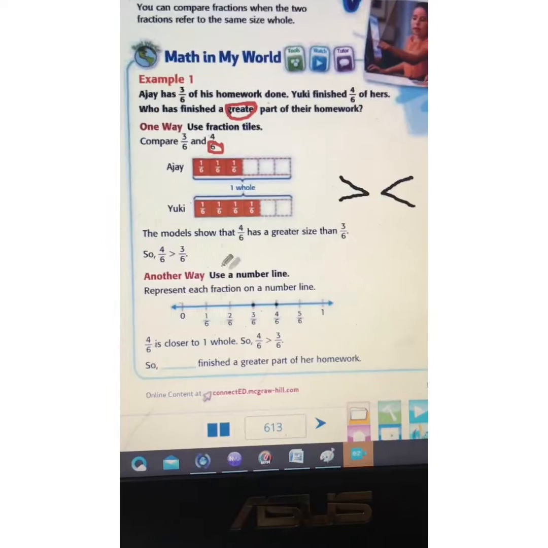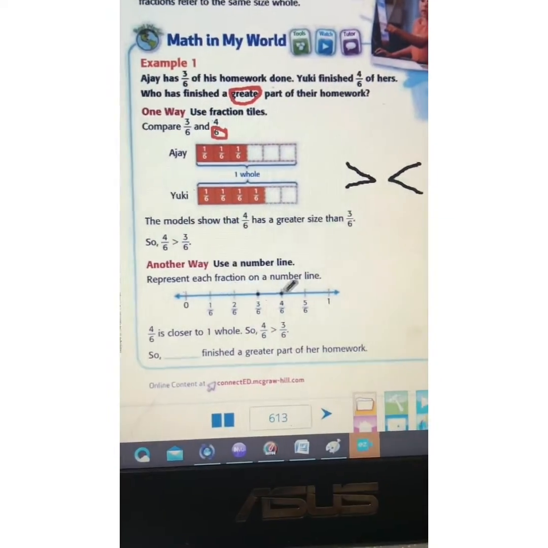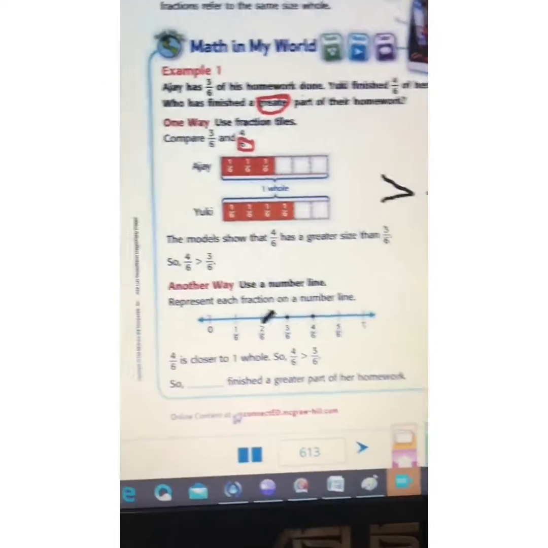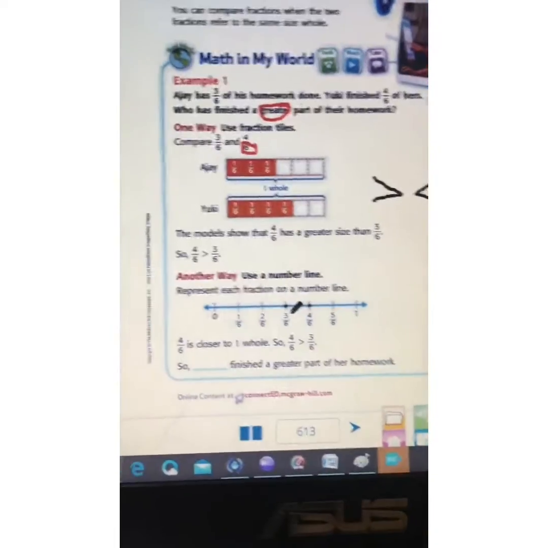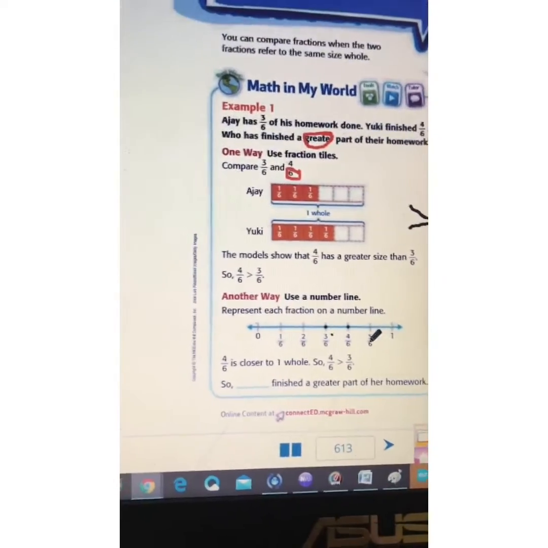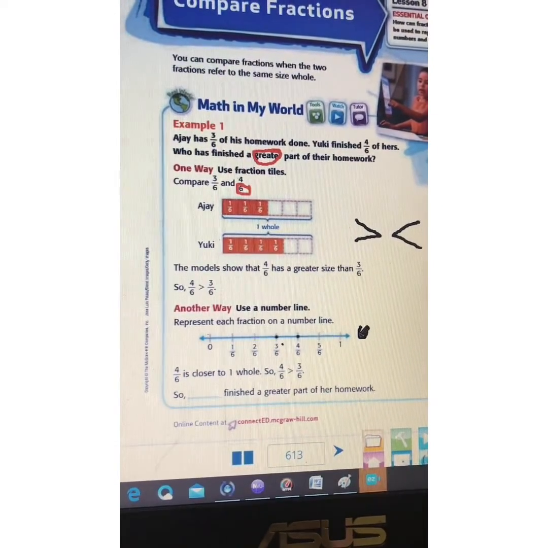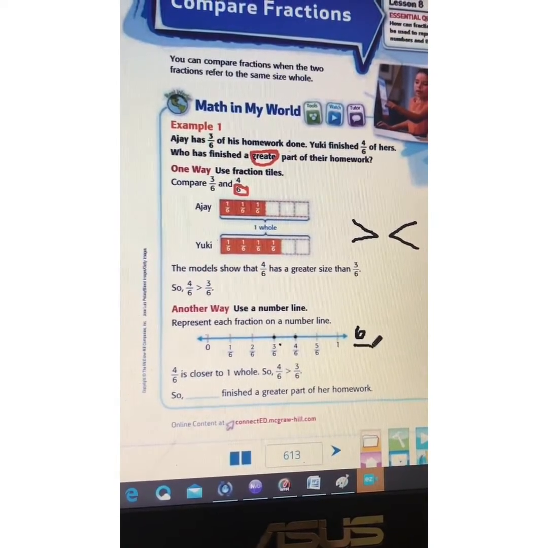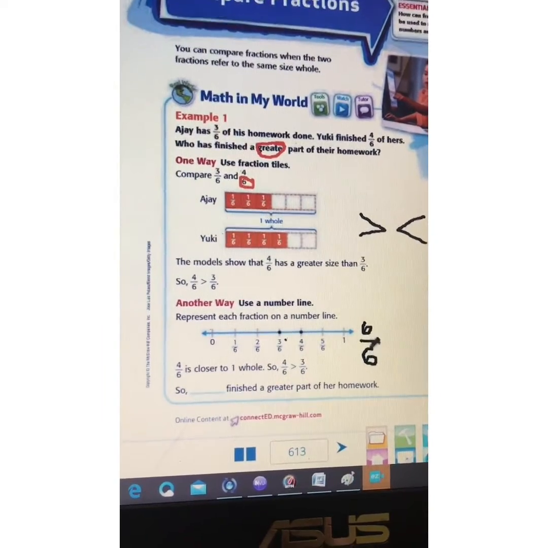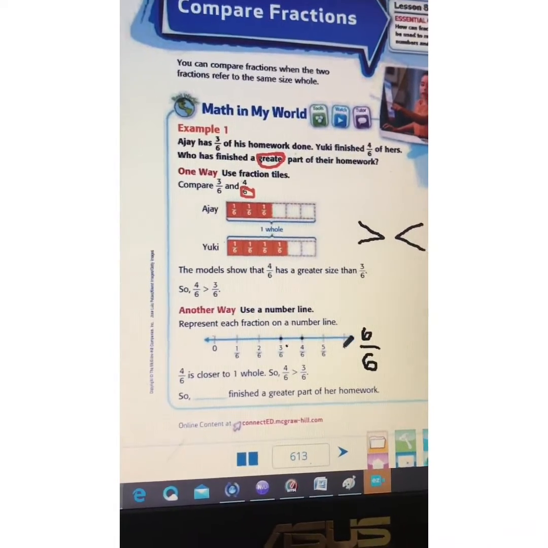And since the denominator of these two fractions is 6, it was divided into 6 parts. 1 over 6, 2 over 6, 3 over 6, 4 over 6, 5 over 6, and the 1 which is also 6 over 6. From the past lesson, we know 6 over 6 is equal to 1.